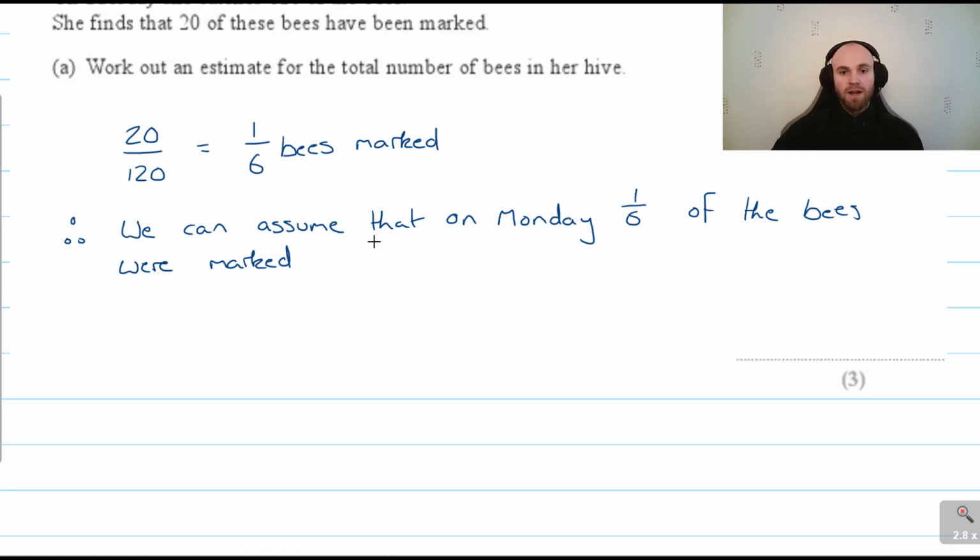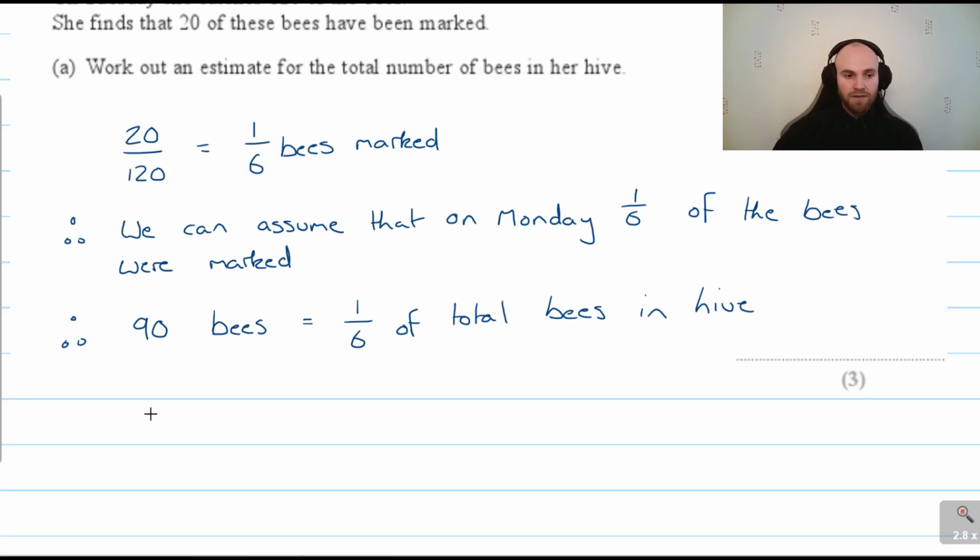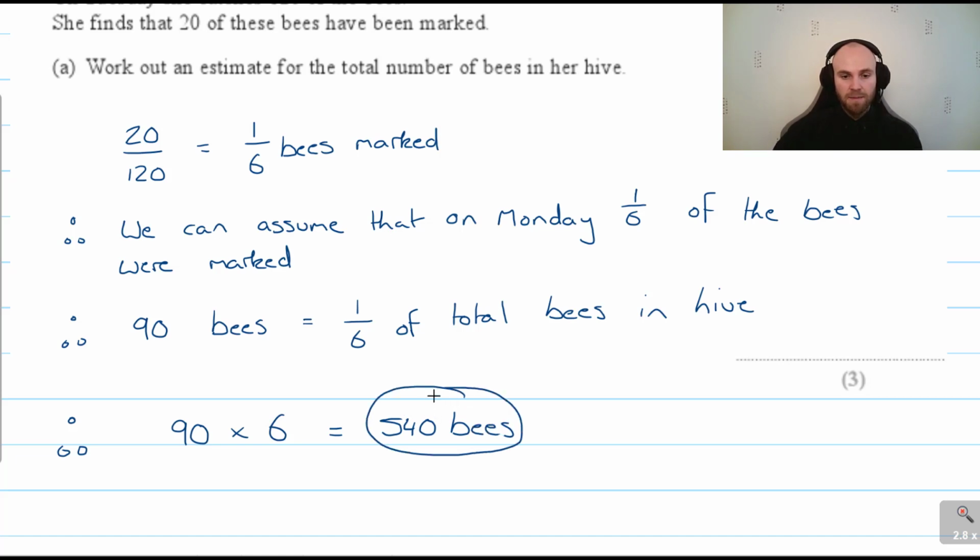Therefore, 90 bees equals 1/6 of the total number of bees in the hive. If 90 is 1/6, I multiply this by 6 to give us the total. That gives us 540 bees, and that is my estimate.